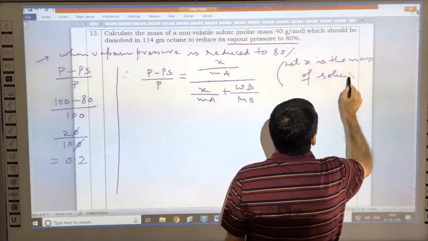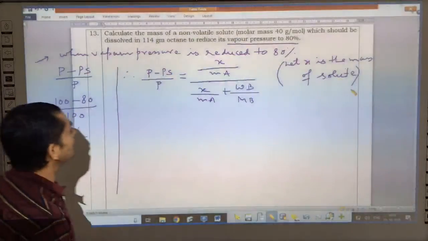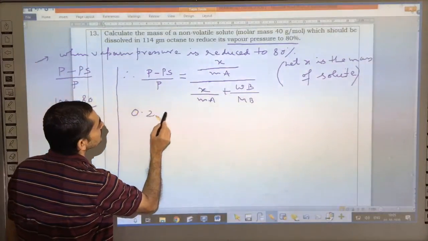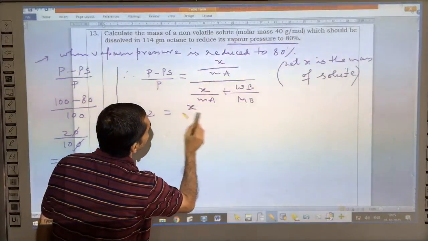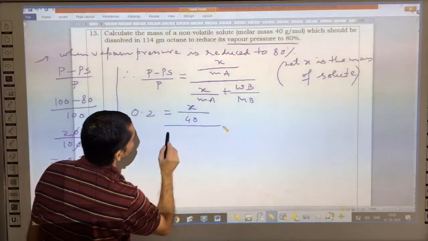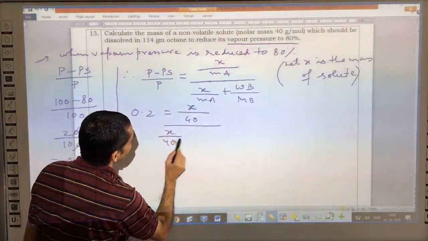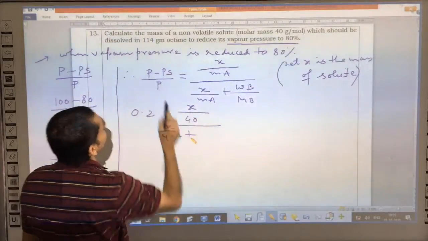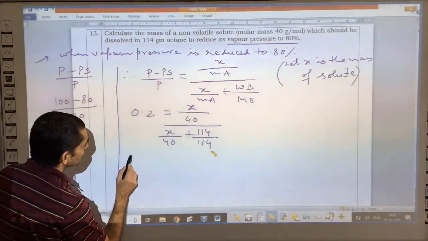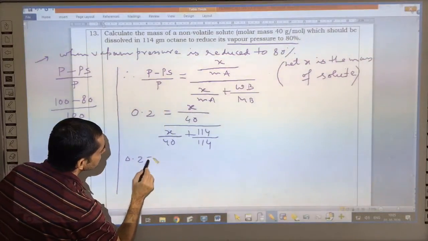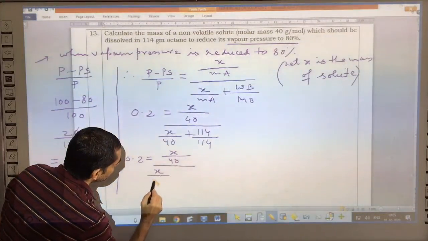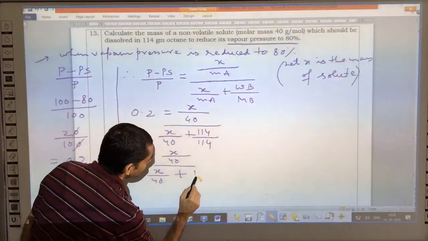X is the mass of solute. P minus Ps upon P was 0.2. 0.2 is equal to X. What is molar mass of solute? 40. X upon 40 plus 114 gram, and molar mass of octane is also 114. So 0.2 is equal to X upon 40, X upon 40 plus 1.